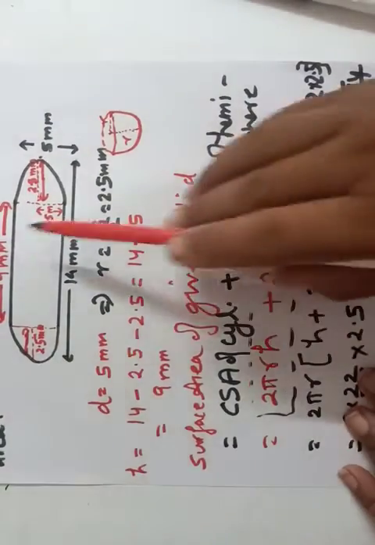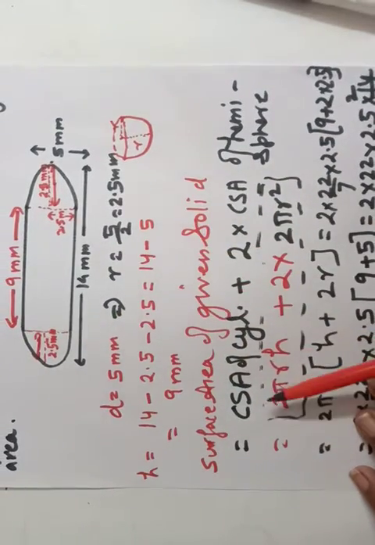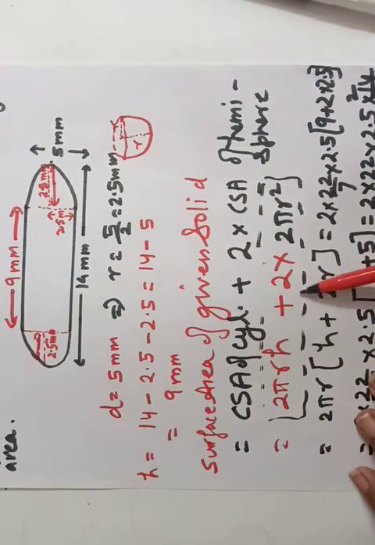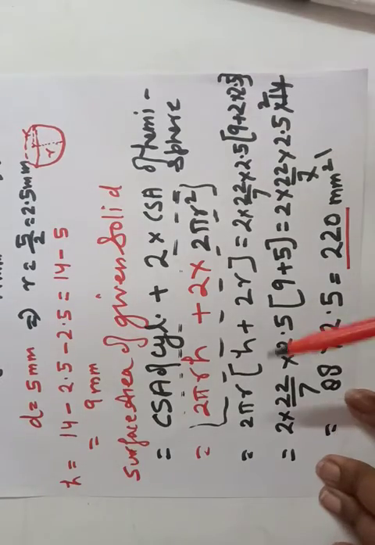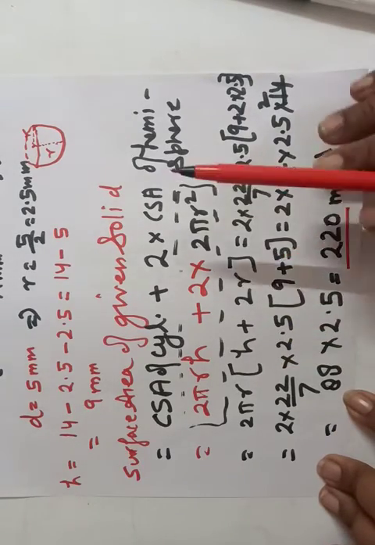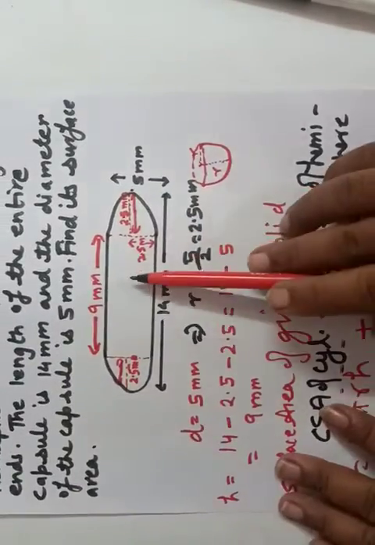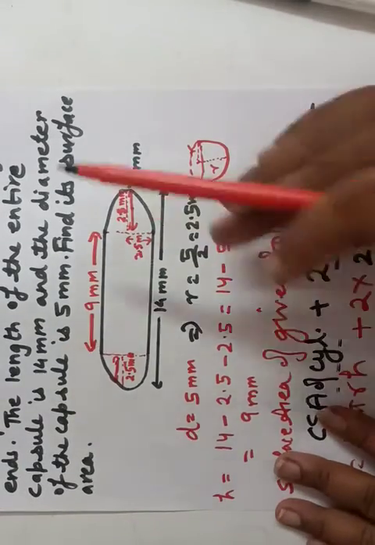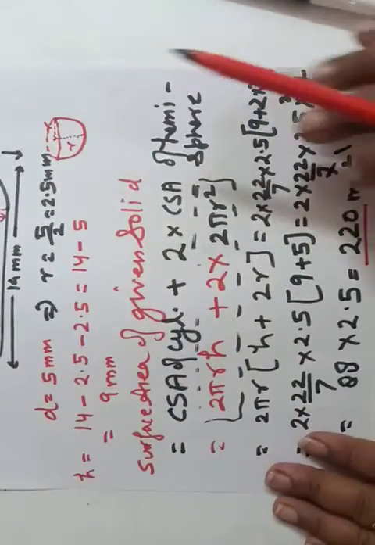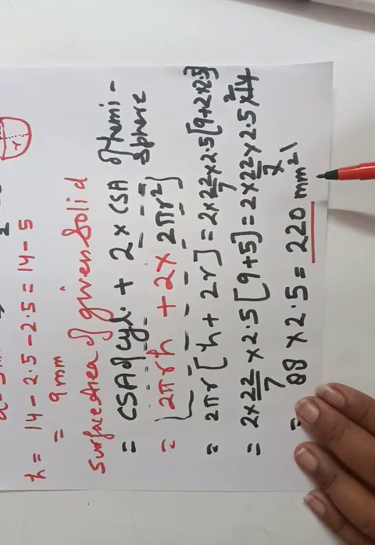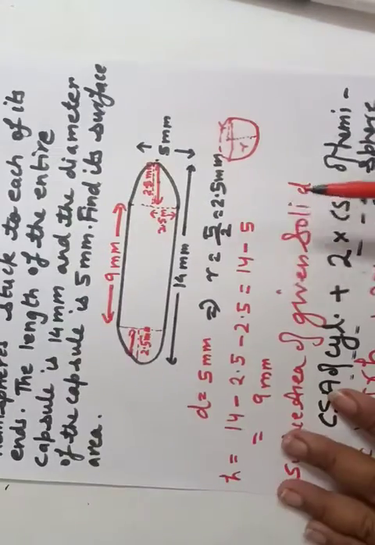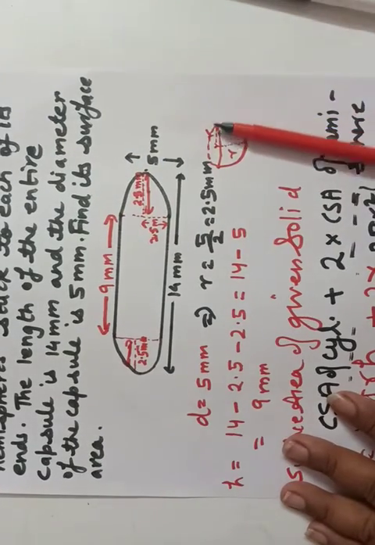This is how we can find the surface area, by the curved surface area of the cylinder plus twice, because two hemispheres are there, the curved surface area of the hemisphere. We simply put in the values we have already found for h and r, and the r of the cylinder as well as the hemisphere is very clear from the figure. After putting the values, we have found the surface area for the given solid. Okay, thank you students.